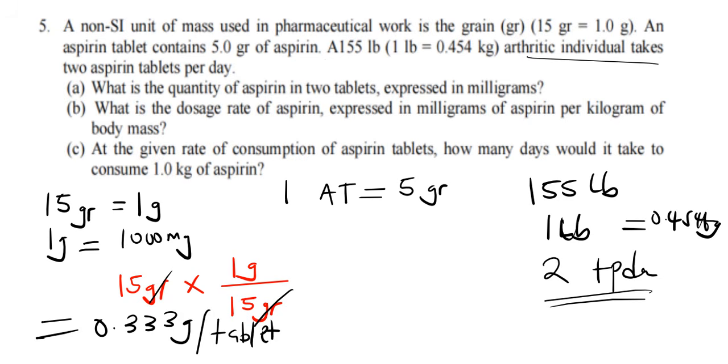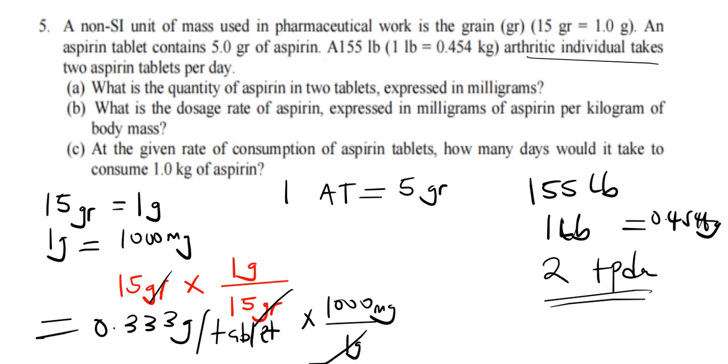What am I now going to do? The conversion unit is 1,000. So this is going to be multiplied by the gram. 1 gram would be equivalent to 1000 milligrams. That is the conversion unit.